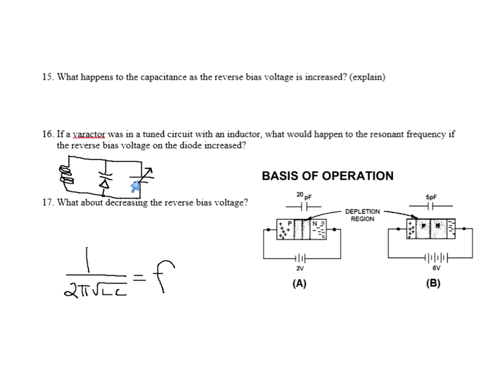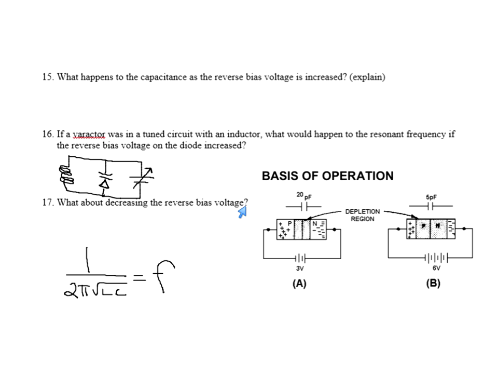So here they're saying if I increase the reverse bias voltage on the diode, that makes the depletion region get bigger and the capacitance get smaller. If the capacitance gets smaller, what's going to happen to my frequency? Well, if this goes down, this has to go up. So a higher reverse bias will make a higher frequency.